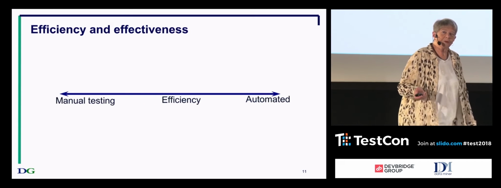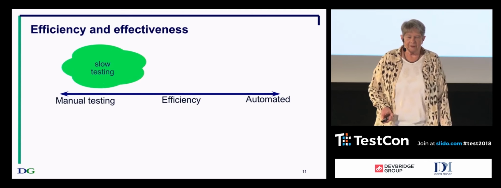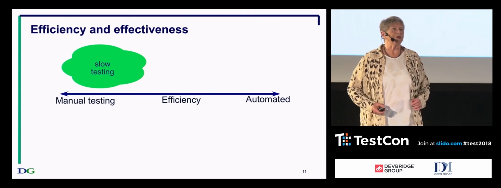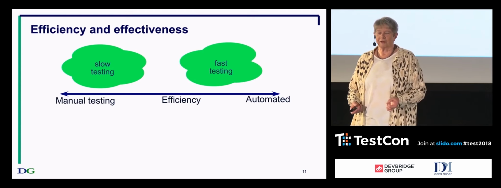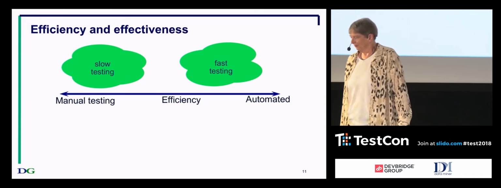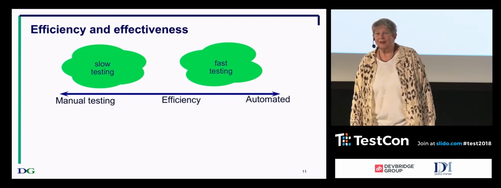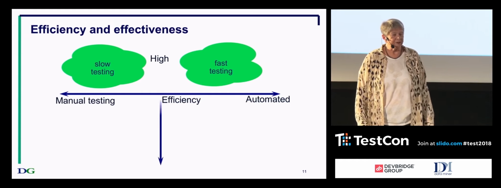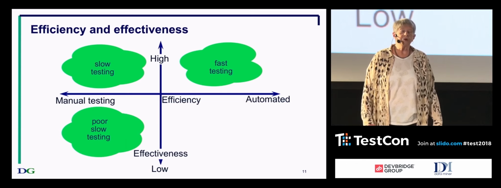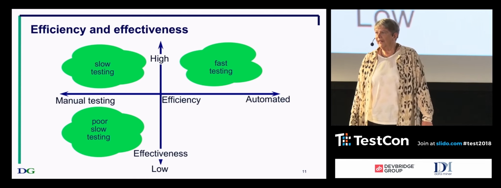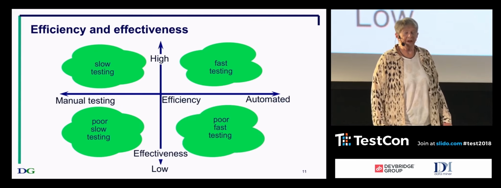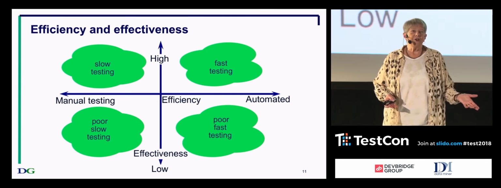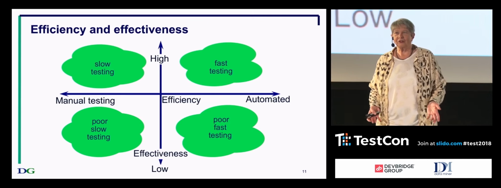The differences between effectiveness and efficiency. If you have slow testing, you think to yourself, we must be more efficient. Let's automate. That will give us fast testing. Yes, that's true. However, what about the quality of that testing? If you have poor quality slow testing and you automate that, you will just get poor quality fast testing. Automating chaos just gives you faster chaos.